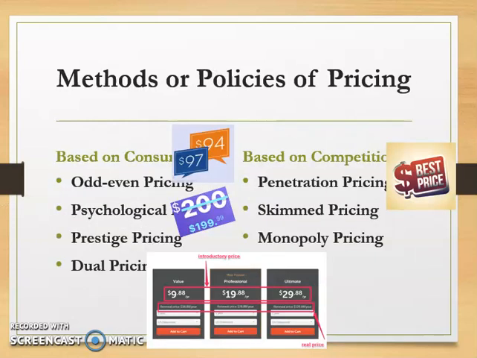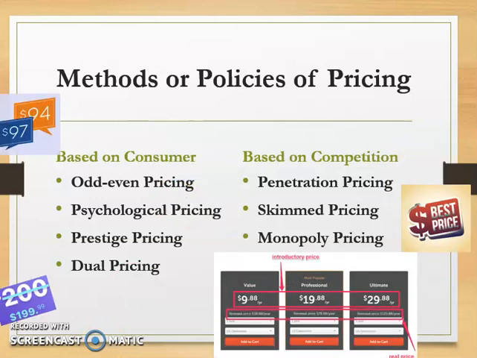Okay, so in this we will see a few pricing methods, or the policies of pricing. Based on consumer, based on competition also, sometimes the price may change based on the cost and the demand. It also varies based on the geographical location.